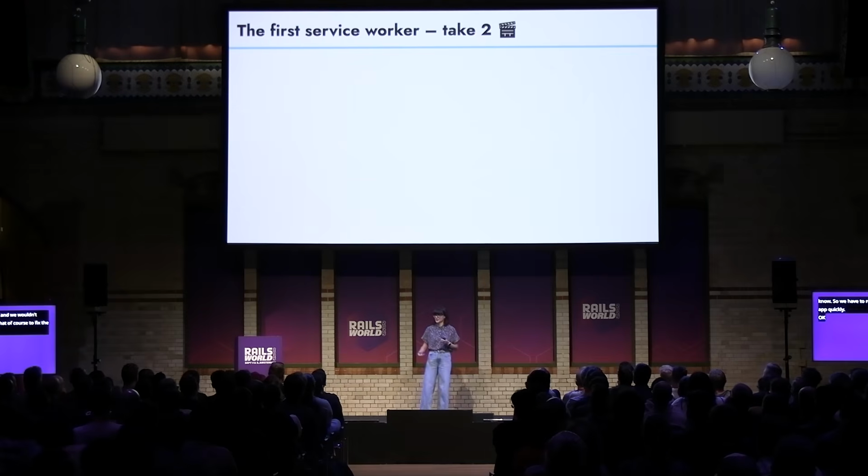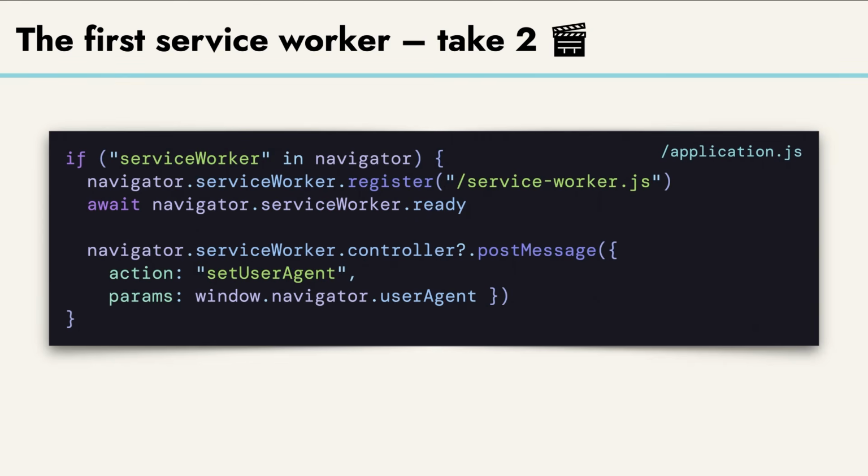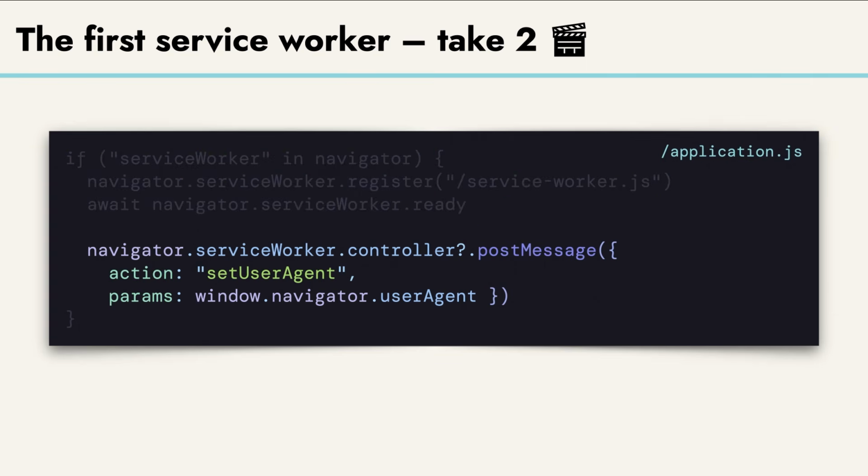Okay, so after reverting, I started looking into how to make the service worker preserve the user agent in the web view. I quickly found an idea on Stack Overflow. The idea was, after registering the service worker from the main JavaScript, I would get the overridden user agent and post a message to the service worker with that value.